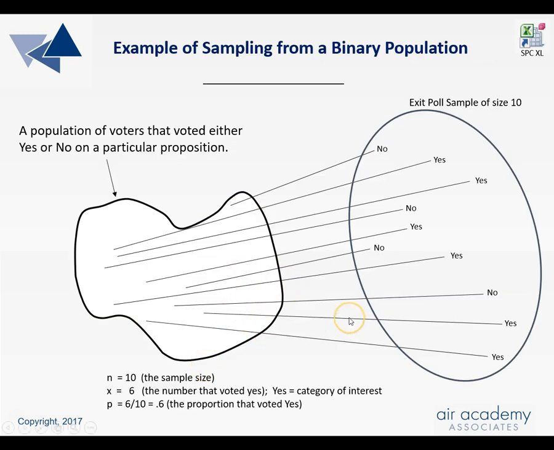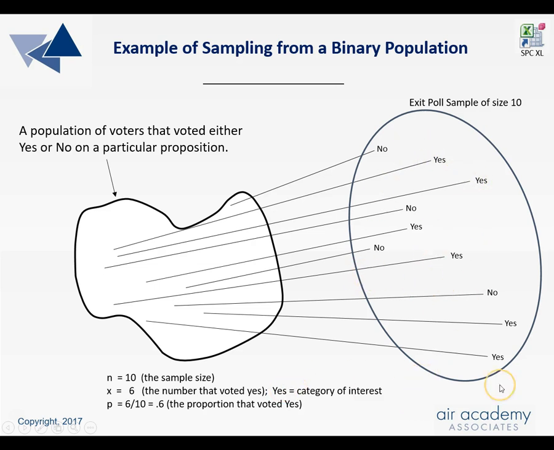Let's take an example where we have a population of voters that voted either yes or no on a particular proposition, and we take a very small exit poll sample of 10. We asked people how they voted, and a no means they voted against the proposition, a yes means they voted for it.